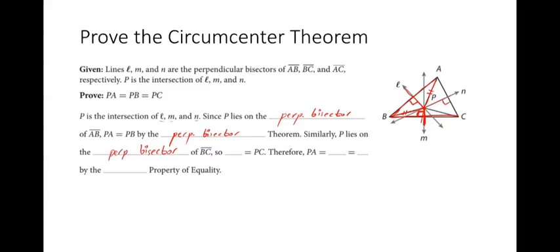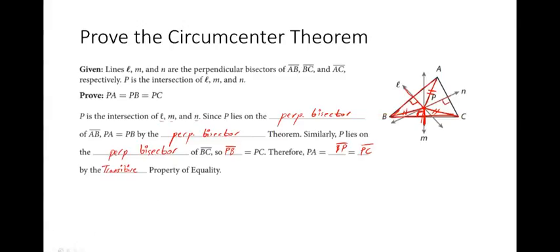So we know that PC should be congruent to PB. Therefore, by the transitive property, PA equals BP, which equals PC. So notice how we started. This guy and this guy are congruent.